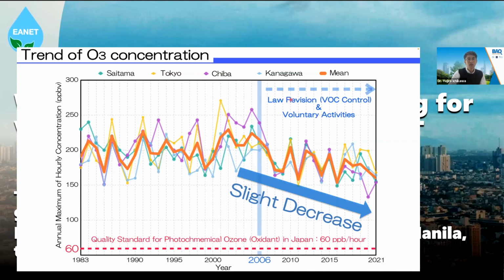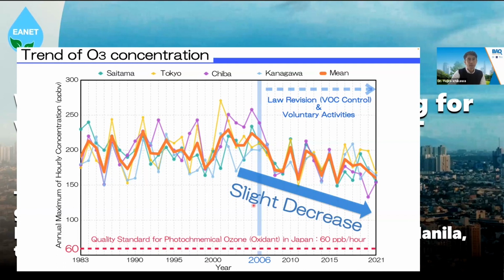This is probably due to the effect of the Japanese law revision for VOC control, which I mentioned a little bit in the previous slide, and voluntary activities by companies to reduce the use of VOC.